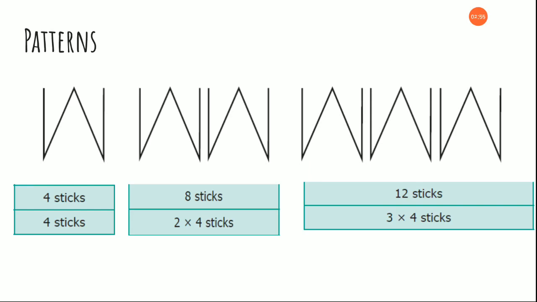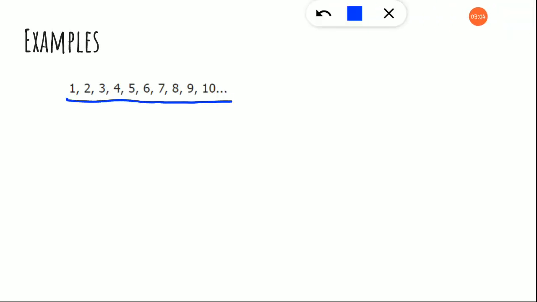Okay? Now look at this example. The numbers starting from 1 to 10 are given. What is the pattern here? After 1, the number 2 is there. That means what is added? 1 plus 1 is 2. Again, 2 plus 1 will give you 3.